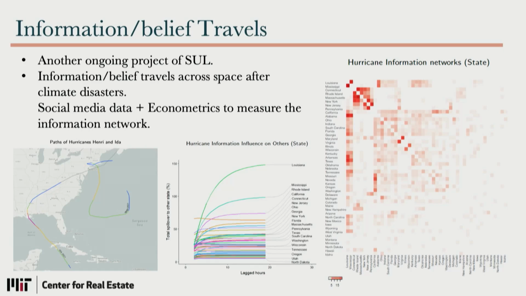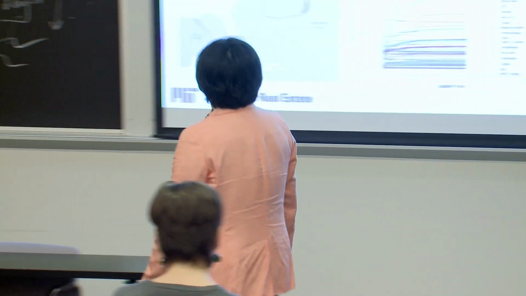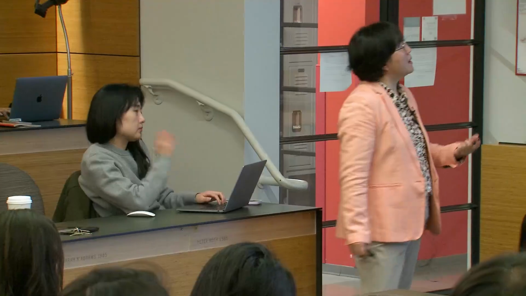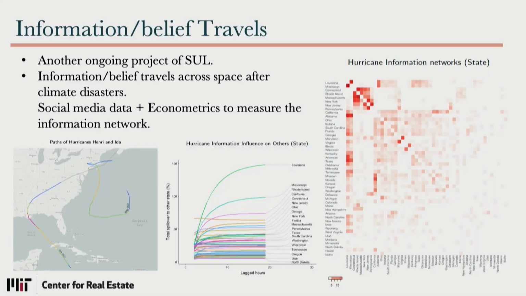Okay, the third project from my lab is also related, and it's also about how information and belief matter. This is an ongoing project by my PhD student, Yichun. And this is very interesting. We further explore Twitter, not just happy or not, but also friendship.